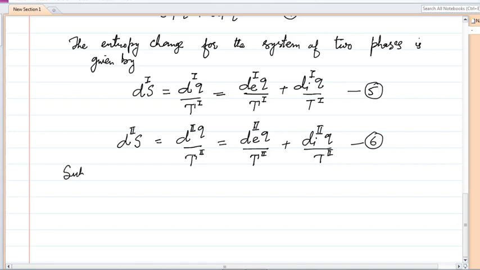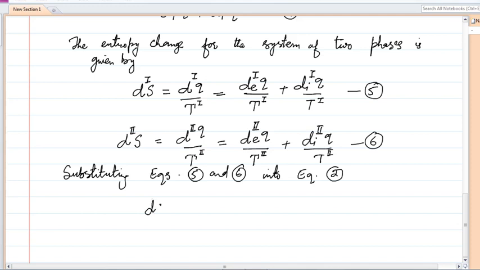Now substituting these equations 5 and 6 into equation 2, in place of dS1 and dS2, we can write these two equations there.